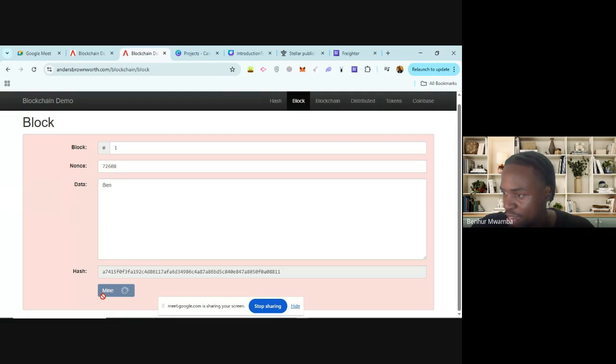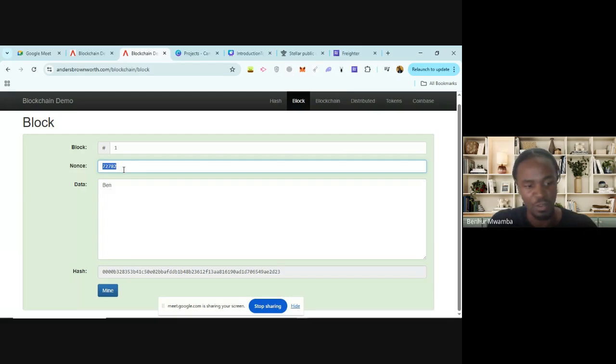When I click mine, what's actually going to happen is this machine is going to be looking for a nonce, from 1, 2, 3, 4. It's going to look for a nonce in such a way that if that nonce is found, combined with the data and the block, it must output a hash that starts with 40.